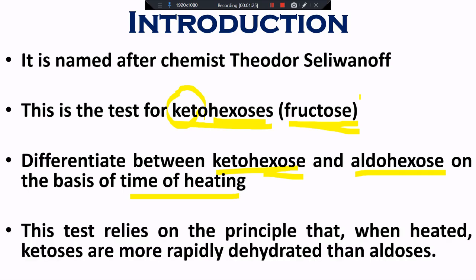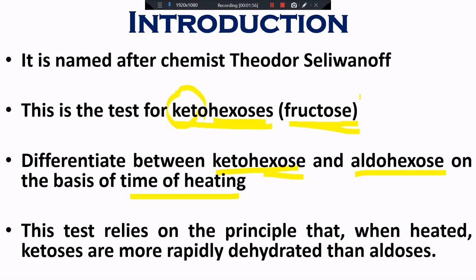This test relies on the principle that when heated, ketoses are more rapidly dehydrated than aldoses. During the reaction, the carbohydrate is first dehydrated in the presence of acid. This dehydration is almost similar to the dehydration we saw in the Molisch test, where carbohydrates were dehydrated in the presence of sulfuric acid to give furfural.